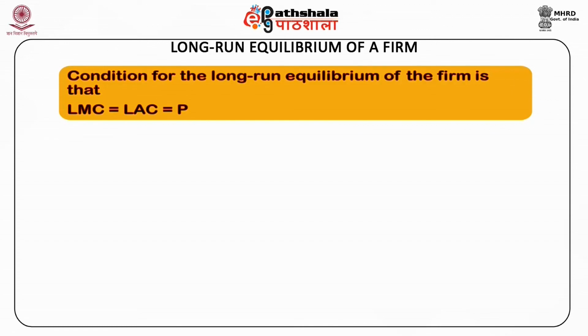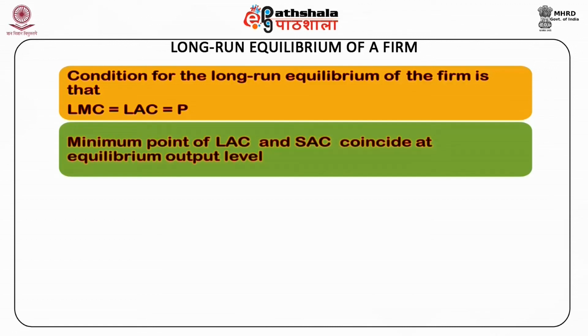The short run plants work at their optimal capacity at the minimum point of the long run average cost, as we had seen in the earlier diagram. Thus, the minimum point of long run average cost and the short run average cost coincide at the equilibrium output level, that is, the optimal level.